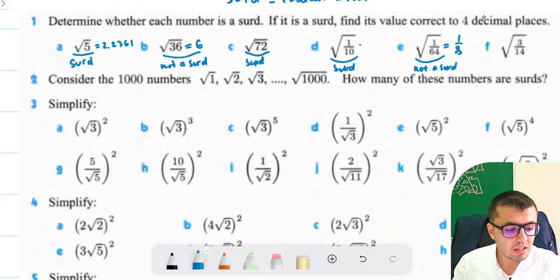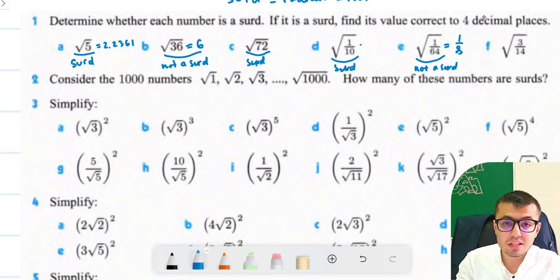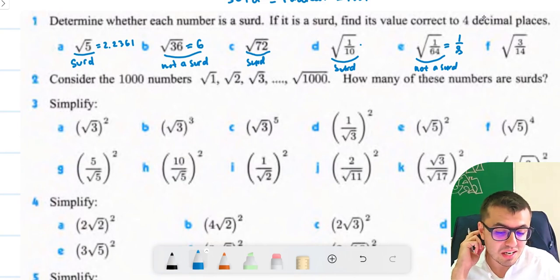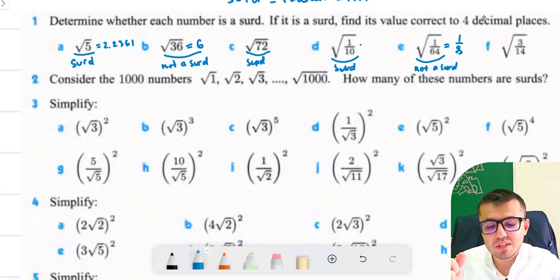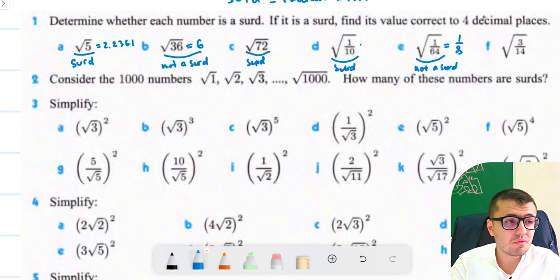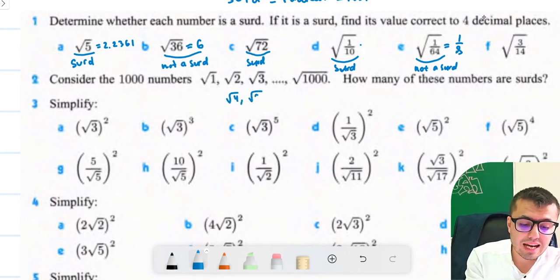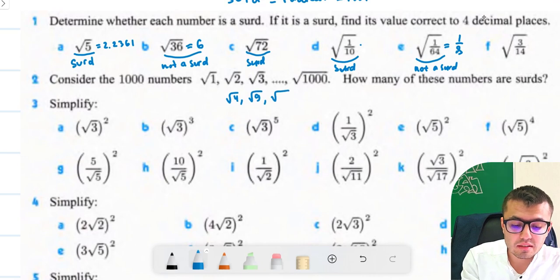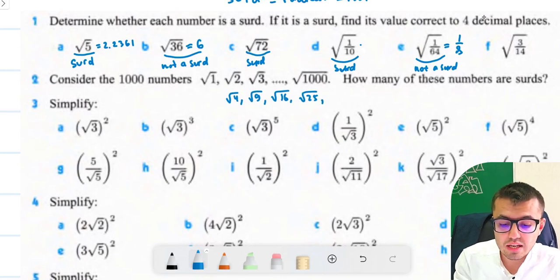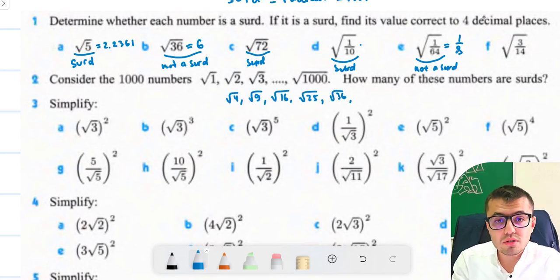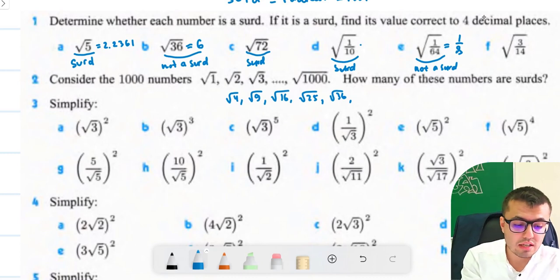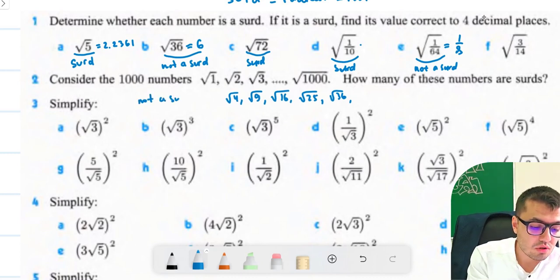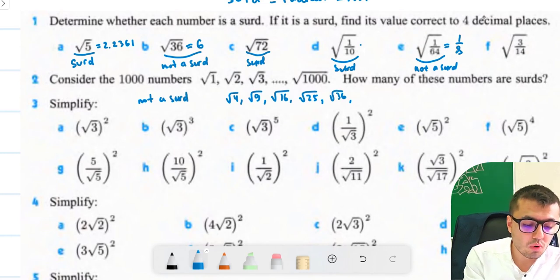I'm going to leave the second one for yourself. Just find how many numbers are surds. And by the way, the hint is to find the number of numbers that are not surds. So for example, root 4 is not a surd, root 9 is not a surd, root 16 is not a surd, root 25 is not a surd, and root 36, and there are a bunch of numbers that are not surds. In other words, they are rational.